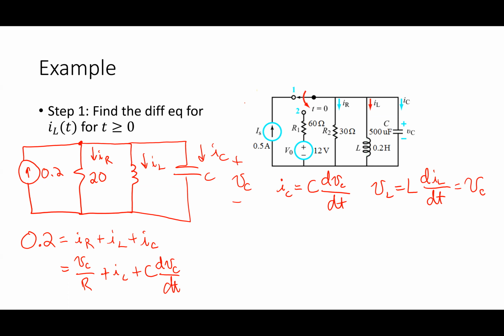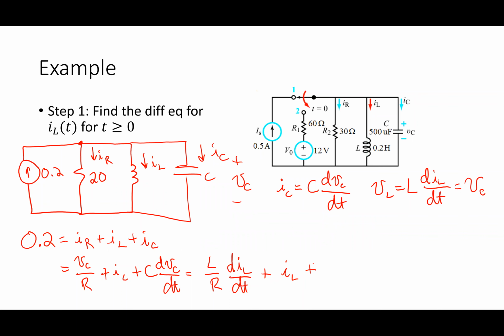Substitution VC. Okay, yeah, V sub C. V sub C and V sub L are the same, right? So I can basically plug that in here and I can say, well, the first term becomes L over R dIL by dt. Okay. And the middle term doesn't change. It's still just IL. And the third term becomes what?